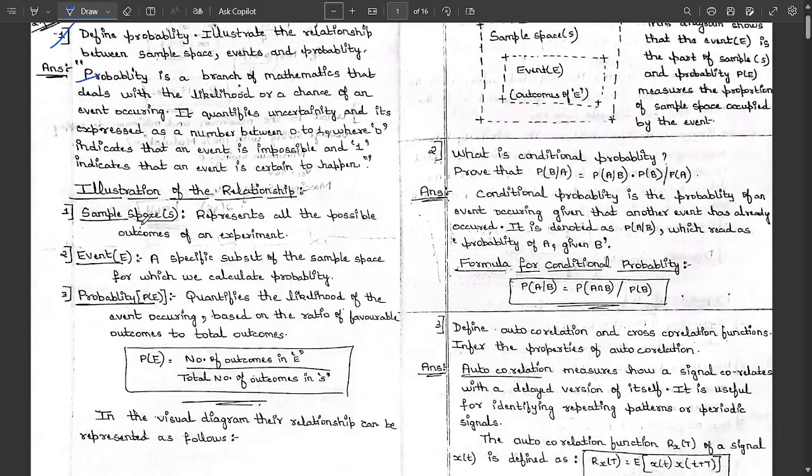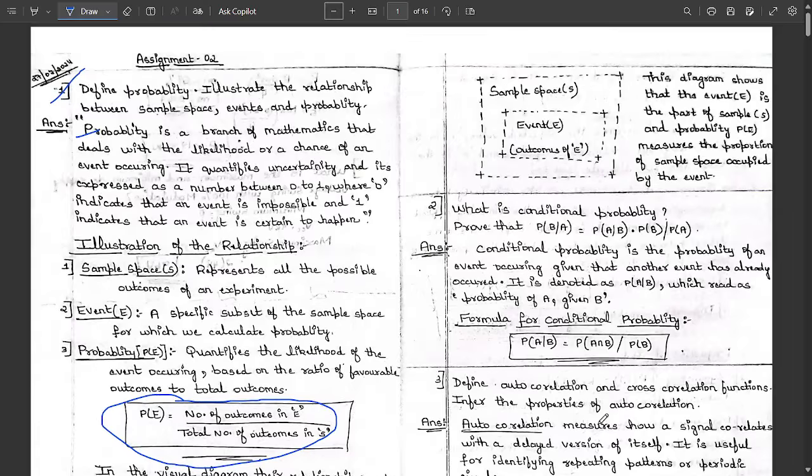Then the relationship between sample space, event and probability, and the formula for probability is given as the number of outcomes in E divided by the total number of outcomes in S, that is the sample space. And here is a pictorial representation of the relationship between sample space, event and probability. The outer layer is completely the sample space, and E is what occurs inside the sample space, and probability is the relationship between this event and the sample space.